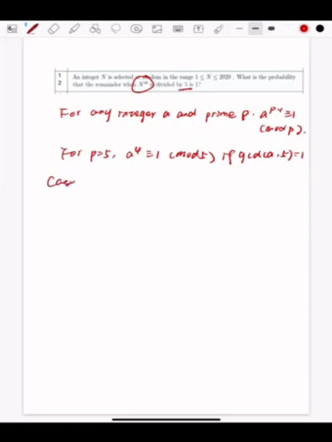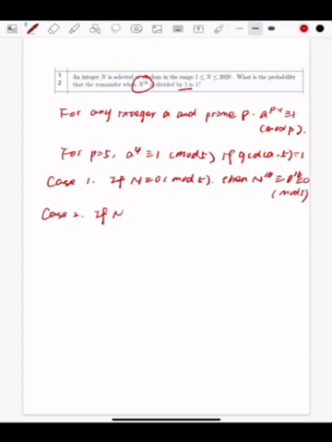Also, we can talk about it in different cases. For example, case 1, if in here, and for case 2, right?